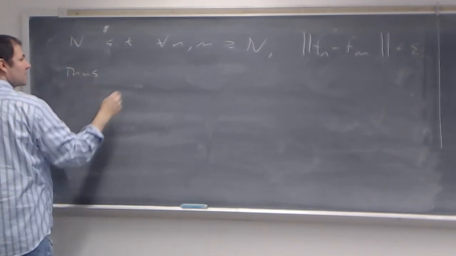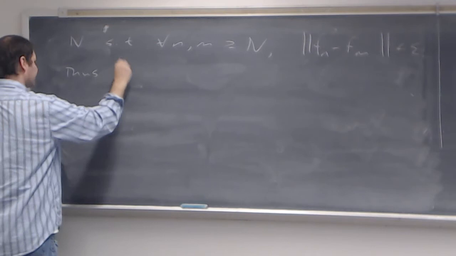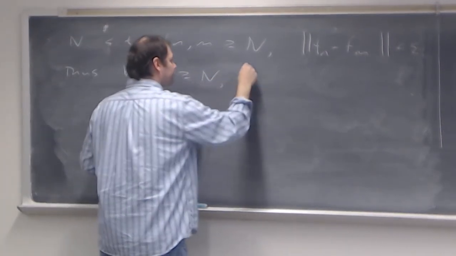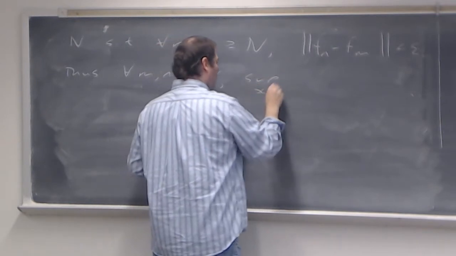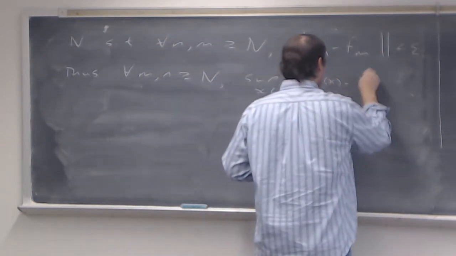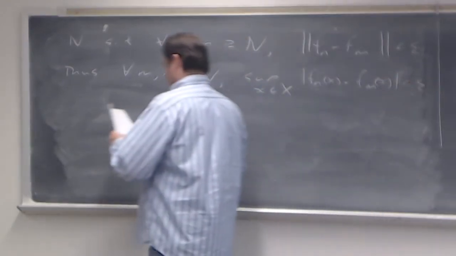Thus, by definition of this metric, what we have is for all m and n bigger than or equal to this capital N, the supremum over all x, an element of big X, of |f sub n of x minus f sub m of x| will be less than epsilon.